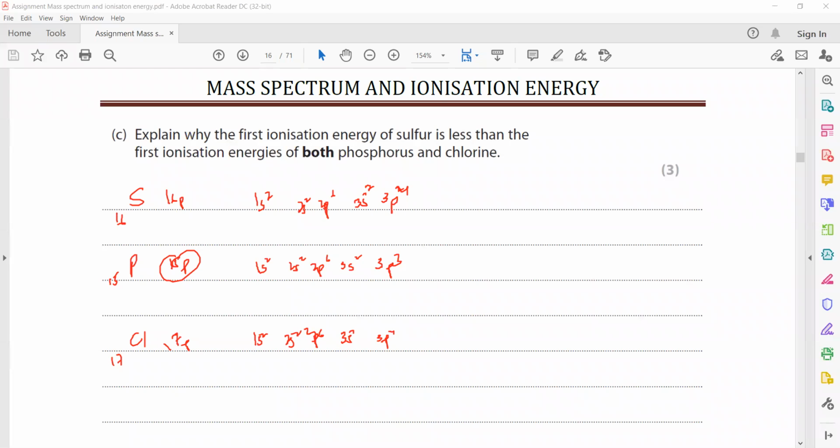Now the reason why the first ionization energy of sulfur is less compared to that of phosphorus as well as chlorine. So basically, you can see they all have the same subshell. The outer shell electron is in the same subshell.